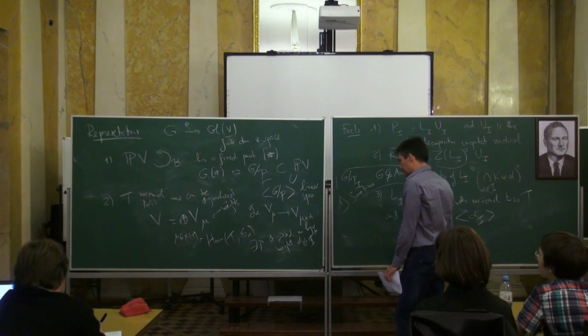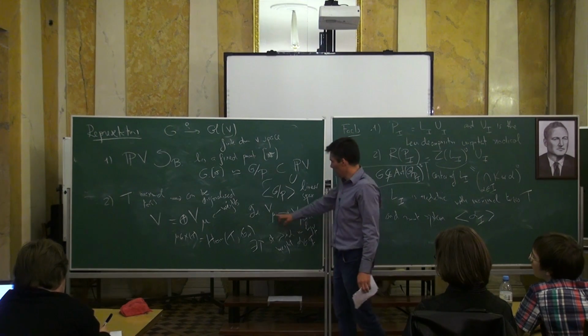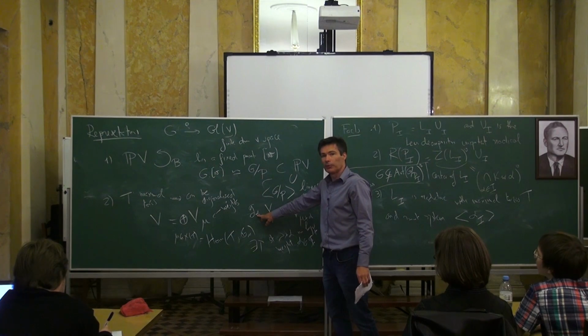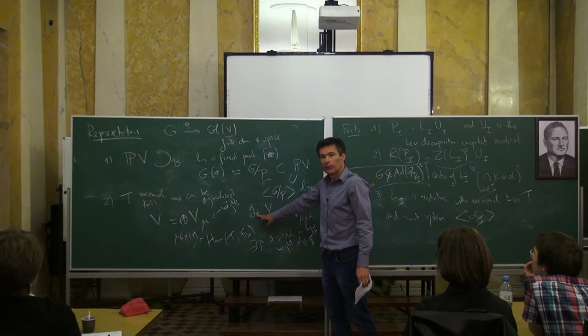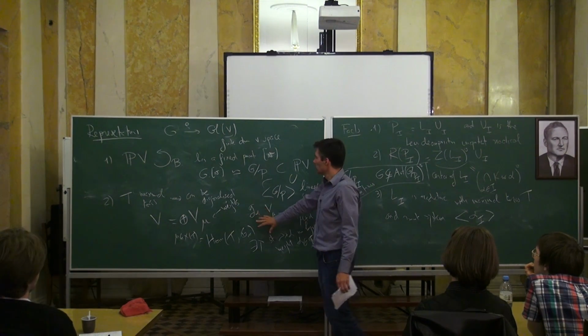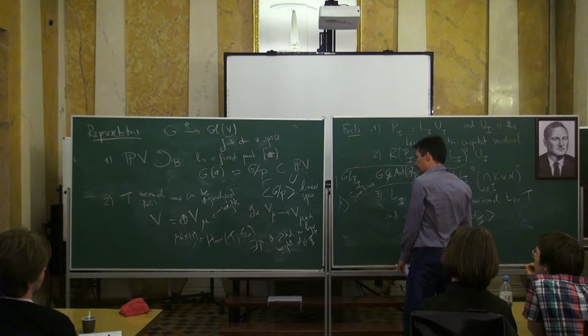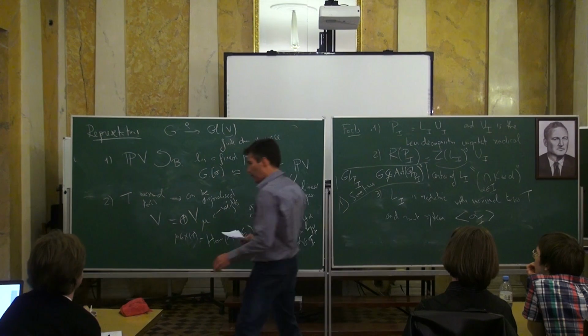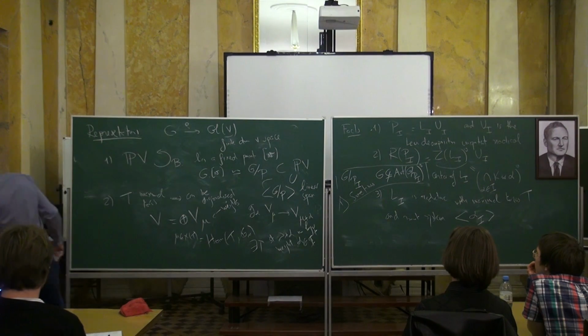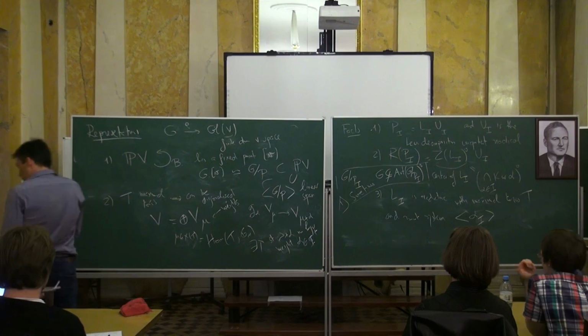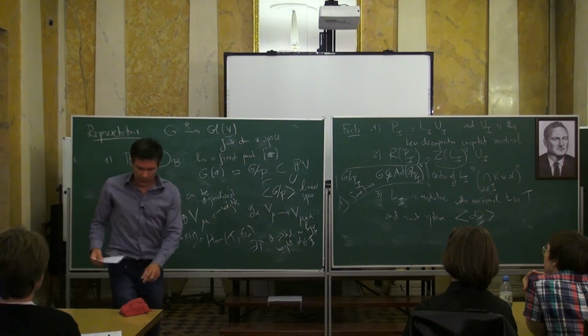And then this means that it will be killed by all the positive root spaces. So it will be stabilized by B, and so we recover this fixed point here. So this is called the highest weight vector.